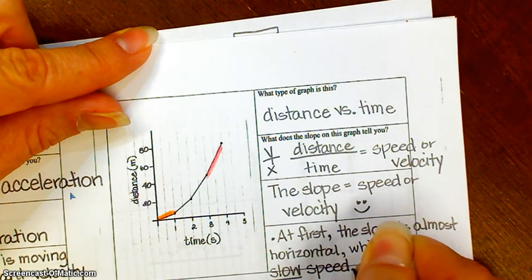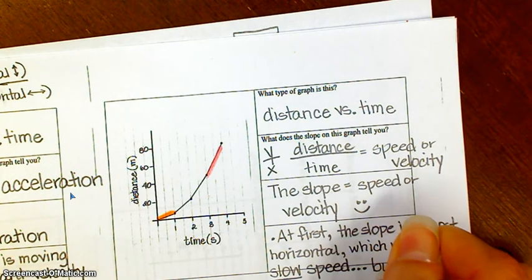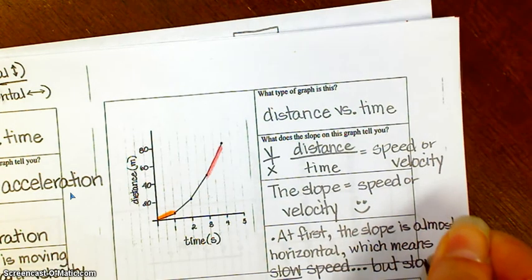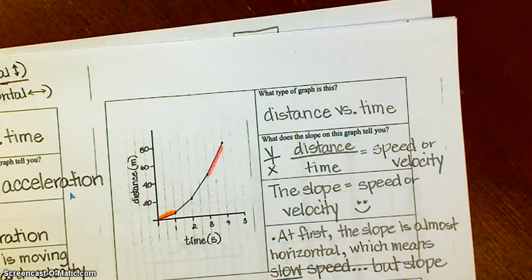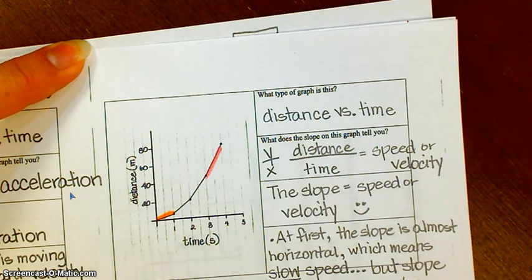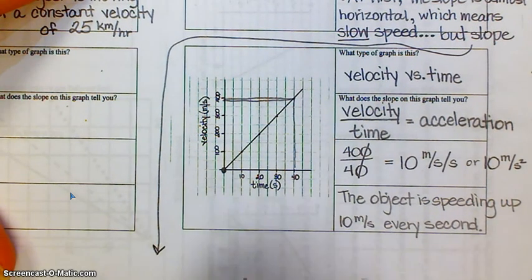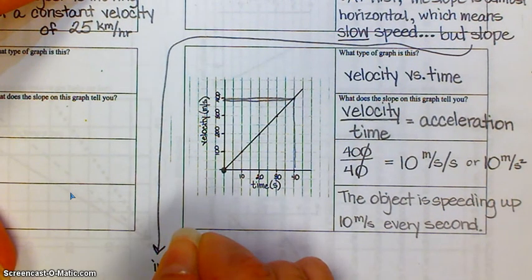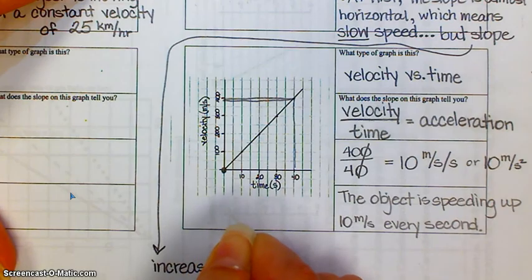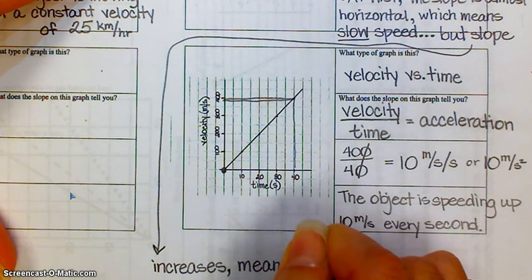And I'm going to run out of room, but we'll just squeeze it in somewhere. But slope, where am I going to go? No more room. Okay, everybody follow me. But slope does what? Increases. Meaning the object gets faster.